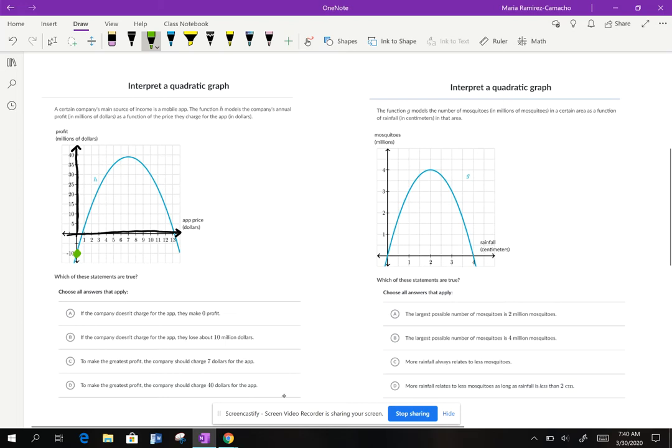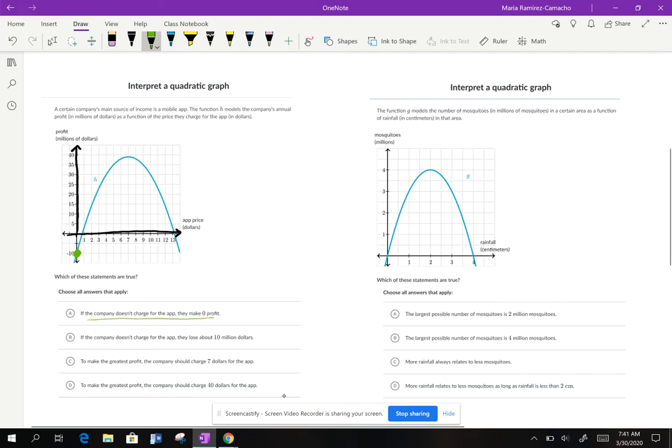This is where the parabola crosses the y-axis. So if we charge $0 for the app price, it turns out that the profit is negative. It's negative $10 million. So that makes sense. If a company doesn't charge users to download their app, they might be losing money.